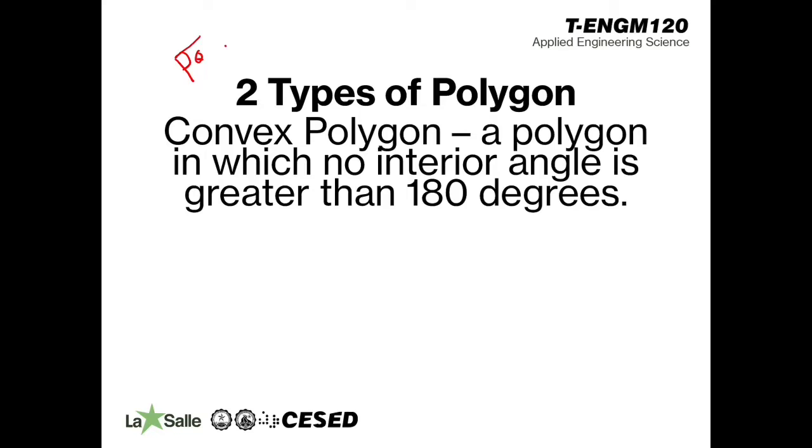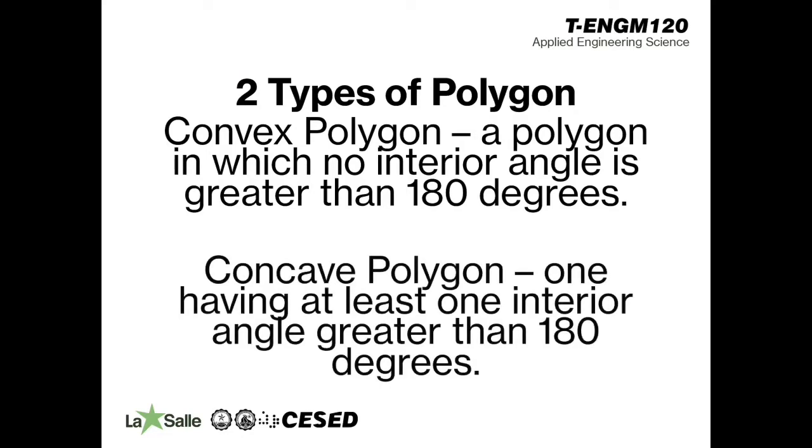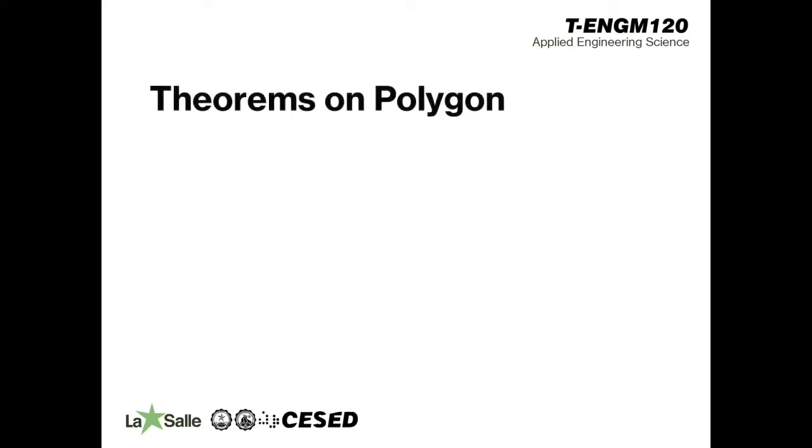The second one is the concave polygon, having at least one interior angle greater than 180 degrees.